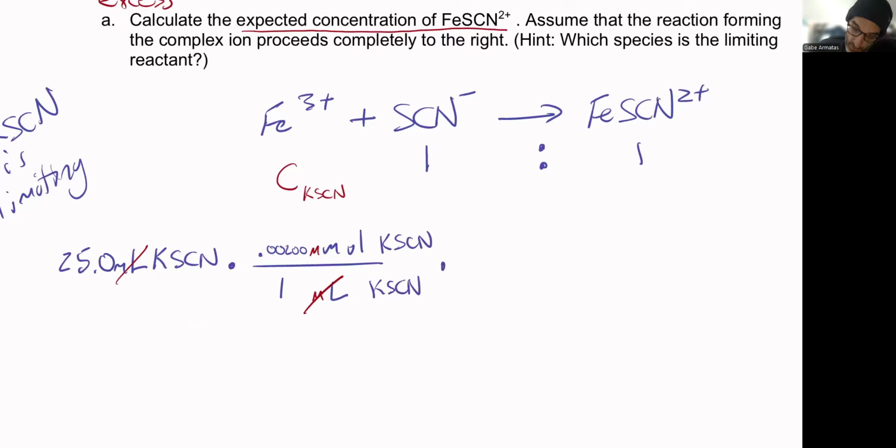Once we have moles, or millimoles in this case, I can now do a conversion. For every 1 mole of KSCN, I have 1 mole of iron thiocyanate, right? This is my molar ratio.